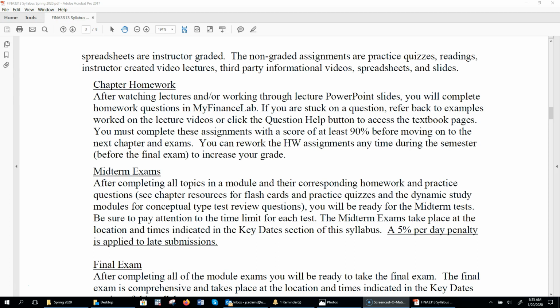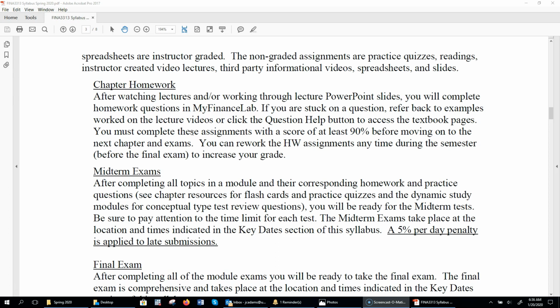And the problem with that is, if it takes you 2 extra days to do the homework, and as a result you take the midterm exam 2 days late, there's a 5% per day penalty on those late submissions. So let's avoid that. Get to work early on that homework and score at least 90%.